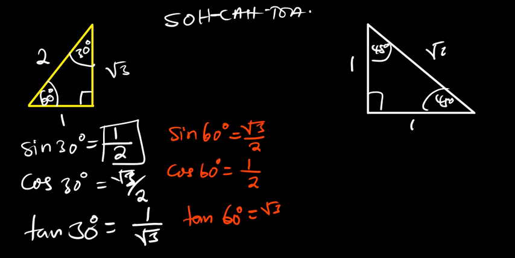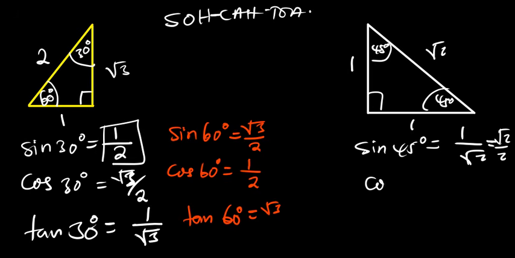Now after doing this one, you can also look at the one for 45. So sine 45 degrees, the opposite is 1, and hypotenuse is root 2. If you want, you can rationalize, that's okay. Then it's going to be root 2 over 2, which is actually the same thing.